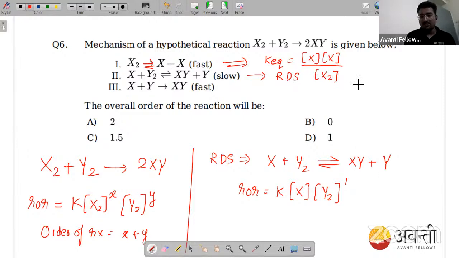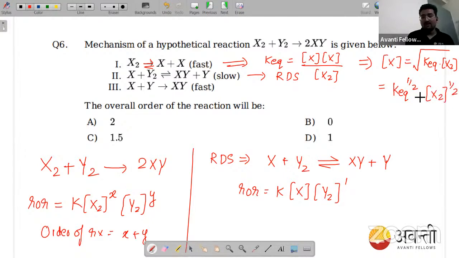From this equation, we can get the value of this X, and this X will be under root of K equilibrium into X2, or we can write it like that: K equilibrium to the power half into X2 to the power half. Is it clear? This is the value of X.